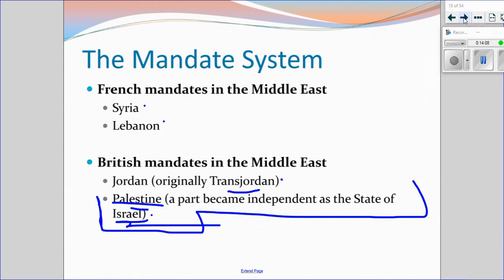And so we still see conflict as a result of the creation of the state of Israel after World War II. But many Palestinians who live in Israel want their own separate lands, whereas others believe that they should integrate those societies. And so there's just continual conflict in that part of the world.